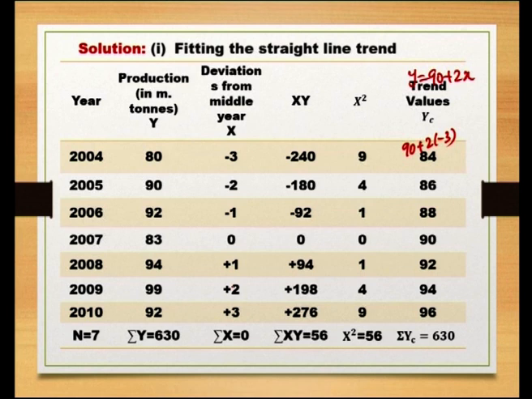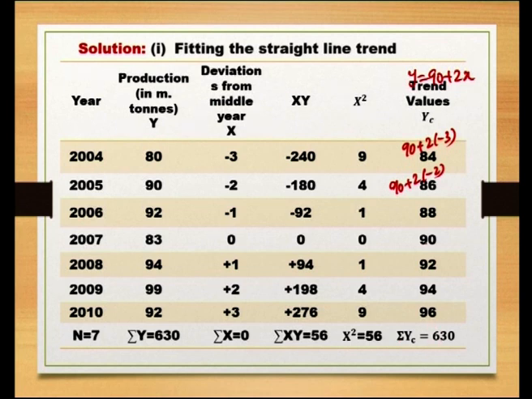Similarly, 90 plus 2 into minus 2 is 86, and 90 plus 2 into minus 1 is 88, and then 90 plus 2 into 0, and like that these are calculated, so that we get the summation yc is equal to 630.